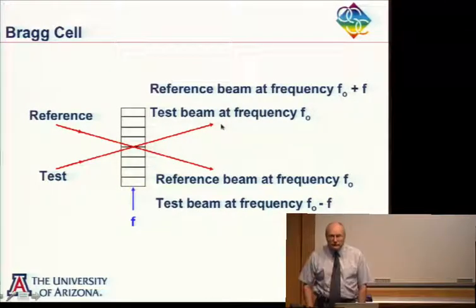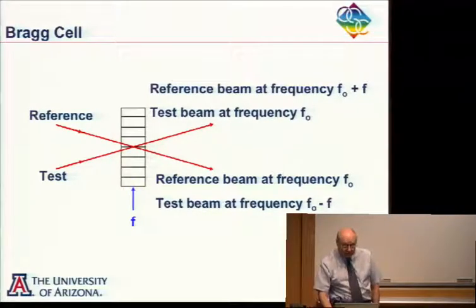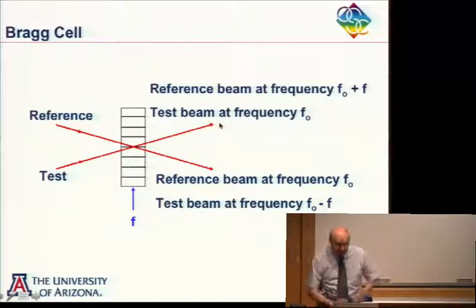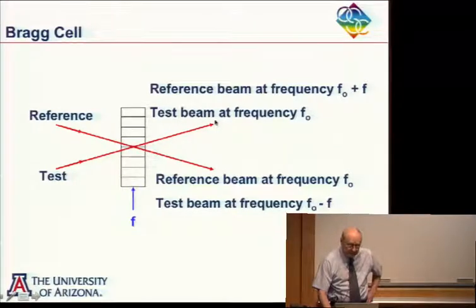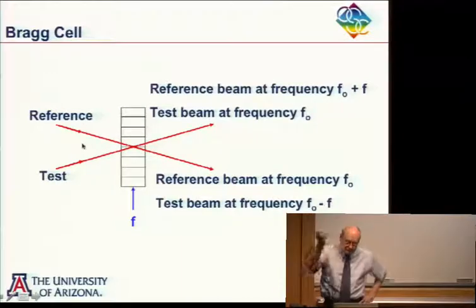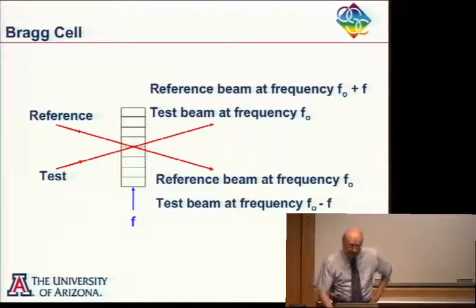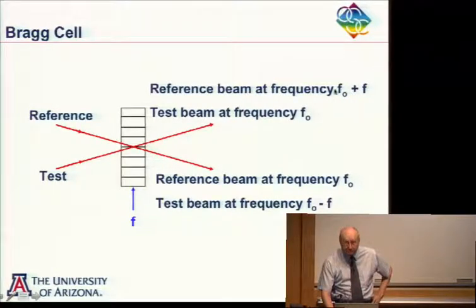And so these two will differ in frequency by f. And so if I were to put a detector here, detecting the fringe pattern, I mean this is a beam of some size, I could have a detector array here. But anyway, if I just put a detector here, these two beams interfering, the radiance will be changing in frequency at the difference frequency here, or f.